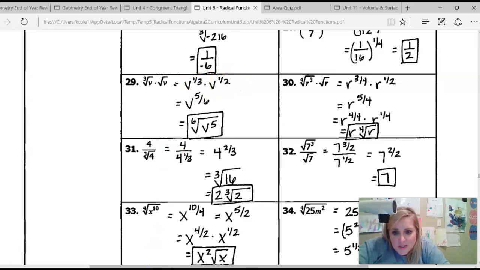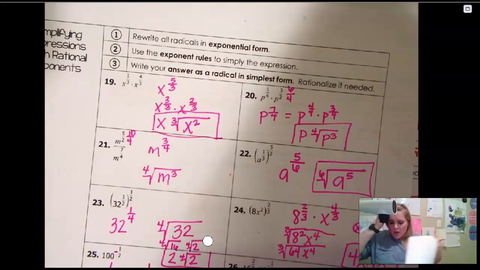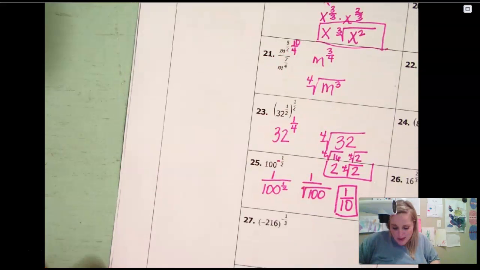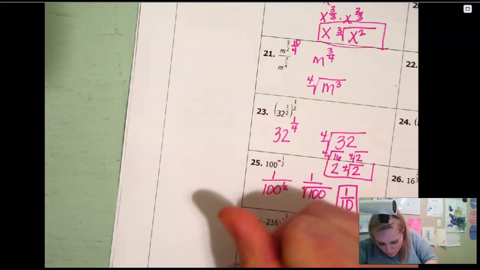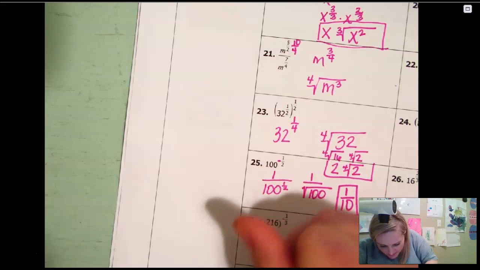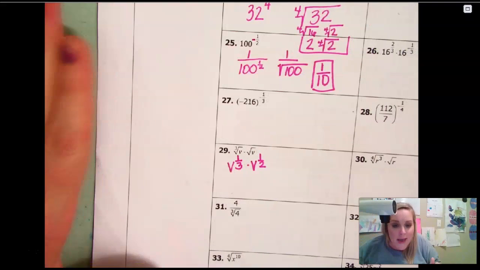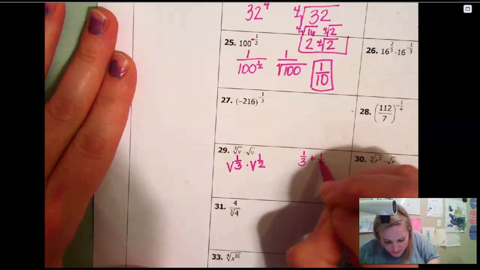So let me switch back over since I messed this problem up. I want to work this one out. Okay, so when you multiply like bases, we have v to the 1/3 times v to the 1/2. When you multiply those like bases, you add the exponents. 1/3 plus 1/2.